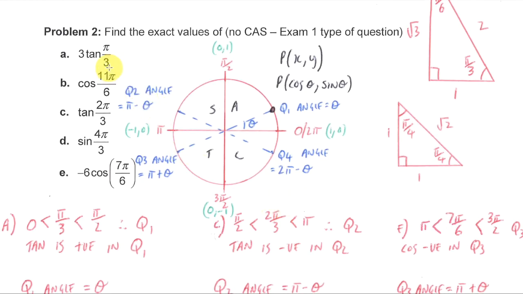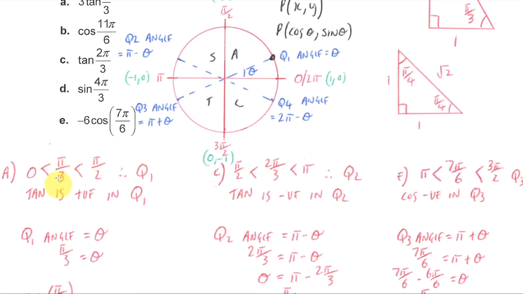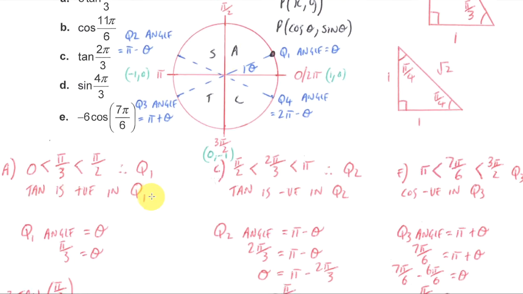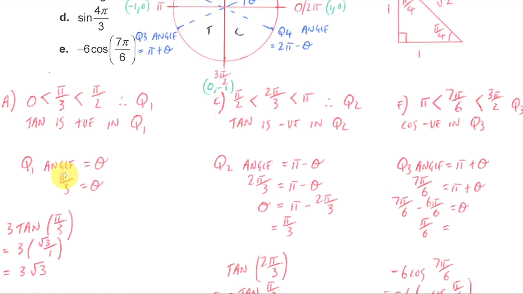So the first one, we want 3 lots of tan pi on 3. So here's our angle pi on 3. That's between 0 and pi on 2. Therefore, we are in quadrant 1. Now, everything is positive in quadrant 1, so tan is going to be positive in quadrant 1. Quadrant 1 angle is pi on 3. So 3 tan of pi on 3.